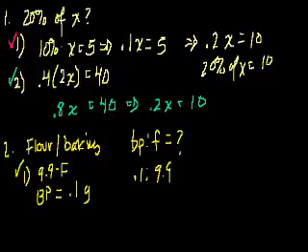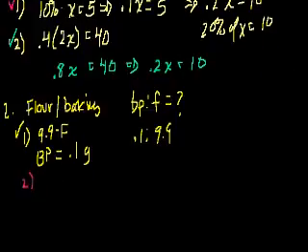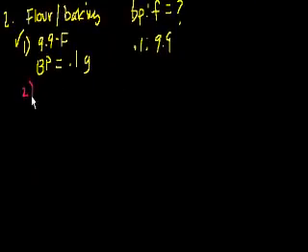Statement 2, and I'll do it in a slightly different color. Let me scroll down a little bit. Statement 2 says exactly 0.3 gram. I think that's an error in the book. It should be grams. Exactly 0.3 grams of baking powder is contained in 30 grams of the mix.